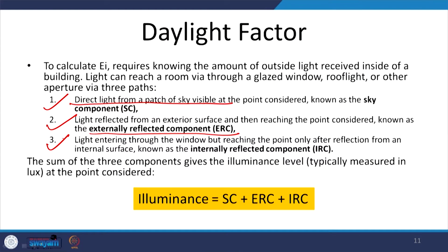At times there may not be a sufficient amount of sky component available, but there might be a lot of externally reflected component available. The third very important component is IRC, or internally reflected component. This internally reflected component is because of the reflections from the indoor surfaces, the interior surfaces.